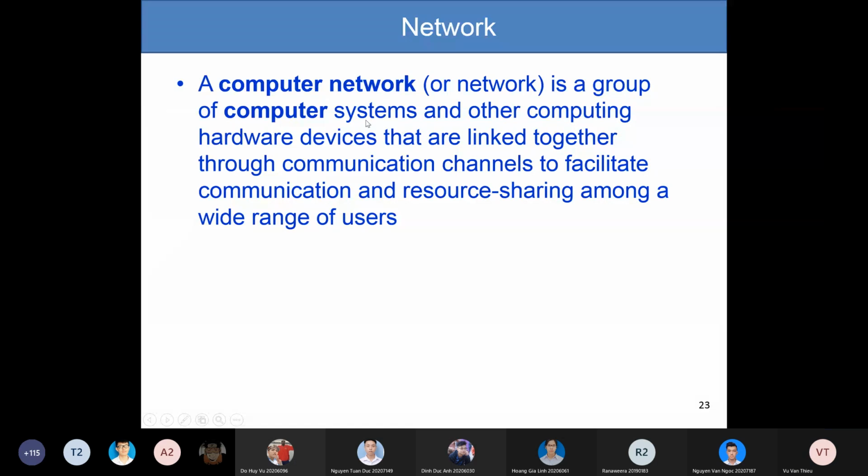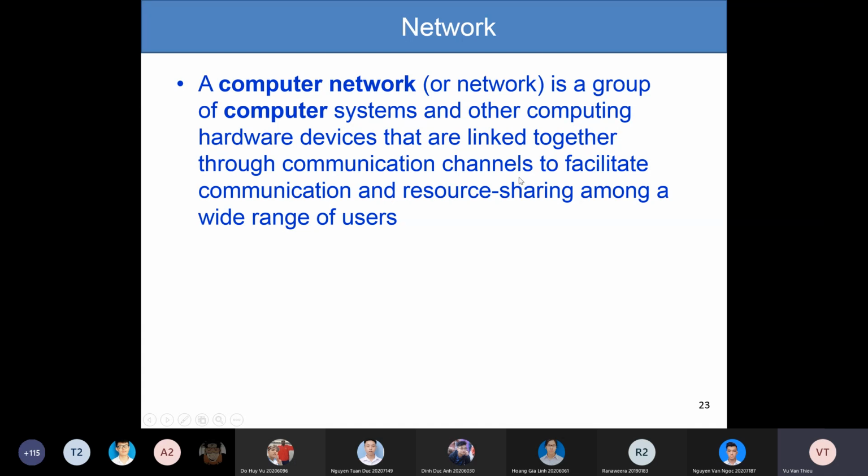A computer network consists of computers and other devices that are linked together through communication channels to facilitate communication and sharing resources among a wide range of users.